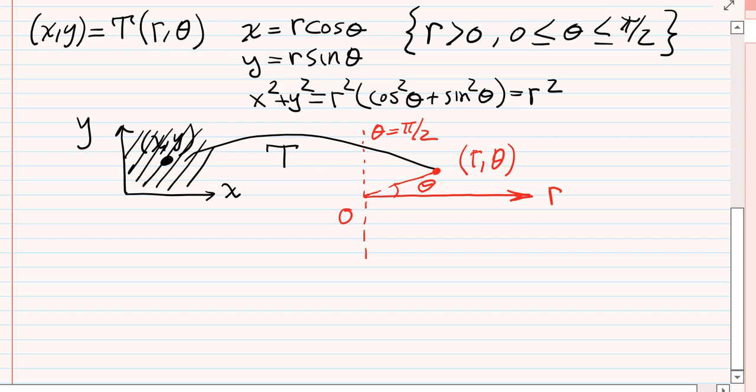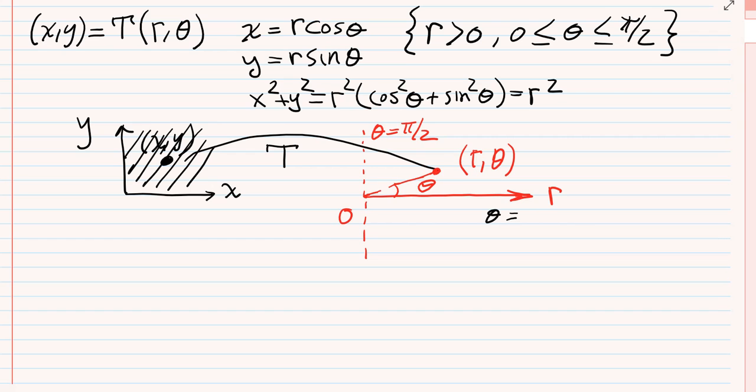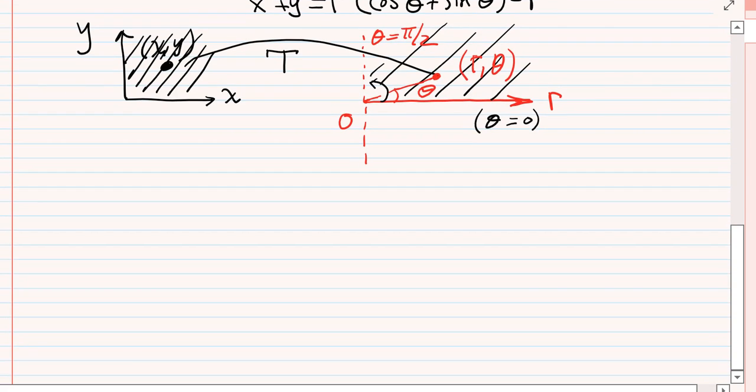Now of course r is positive and theta ranges from 0 to pi over 2, so there you go, that's the range of theta. So we have this region. Okay, so that is our transformation. It is a one-to-one transformation, so therefore it makes it valid.